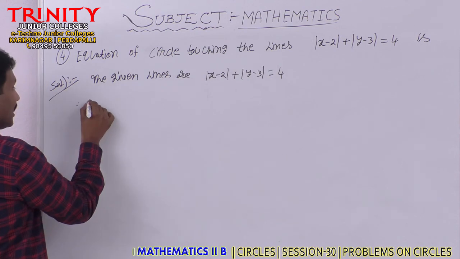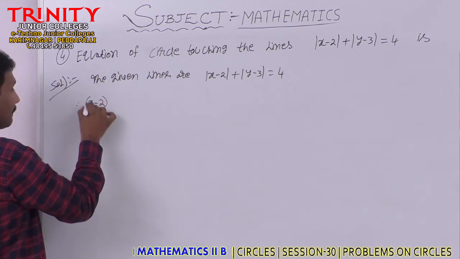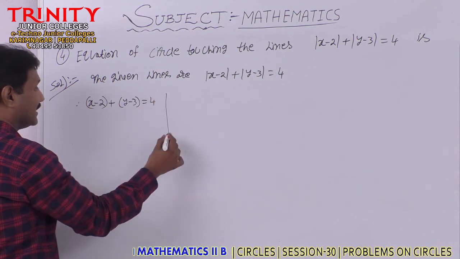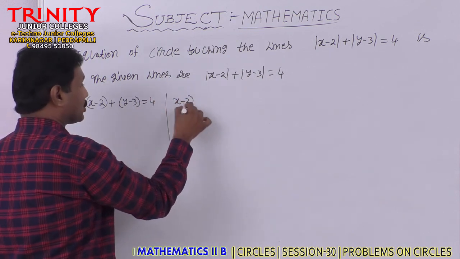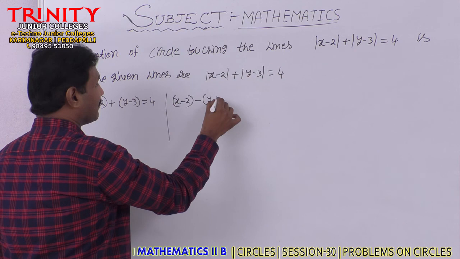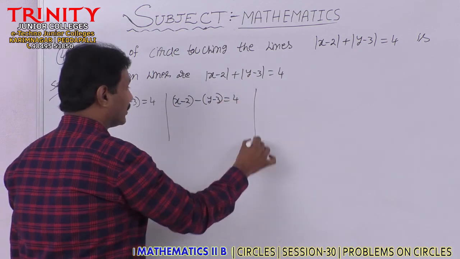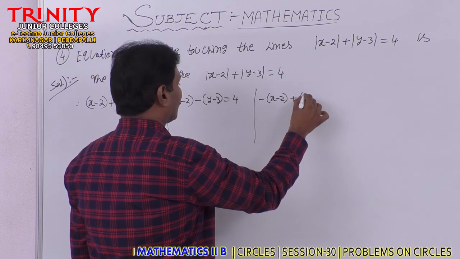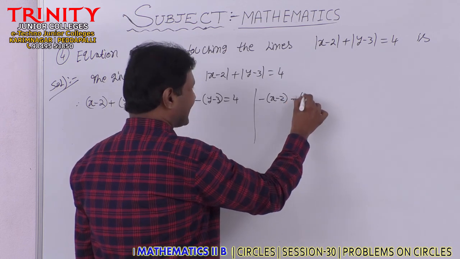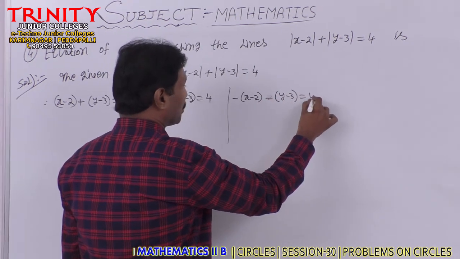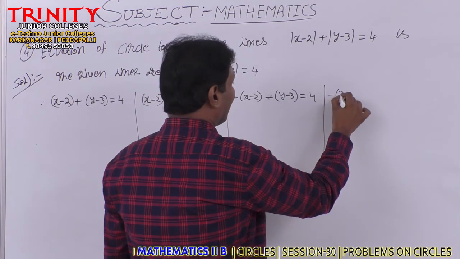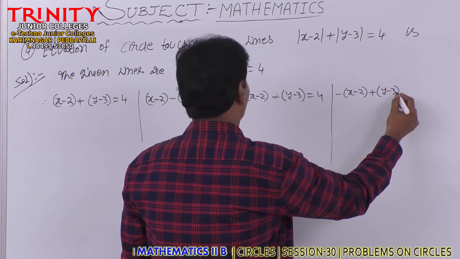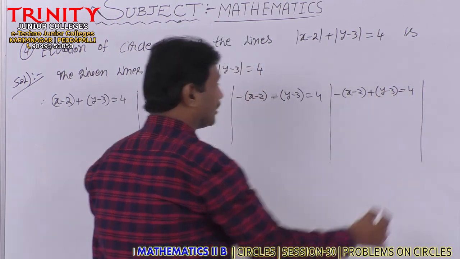That means x minus 2 plus y minus 3 equal to 4. This is 1. x minus 2 minus y minus 3 equal to 4. Minus x minus 2 minus y minus 3 equal to 4. Next one is minus x minus 2 plus y minus 3 equal to 4. These are the 4 lines.